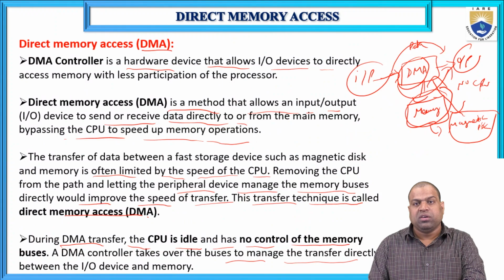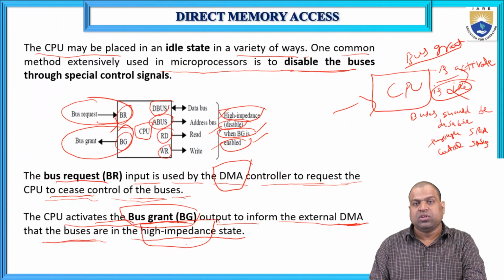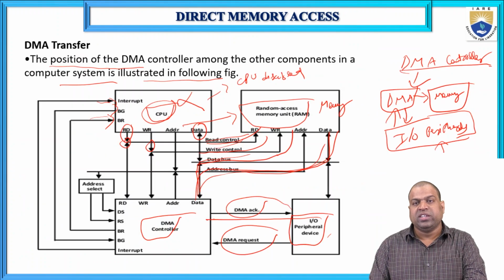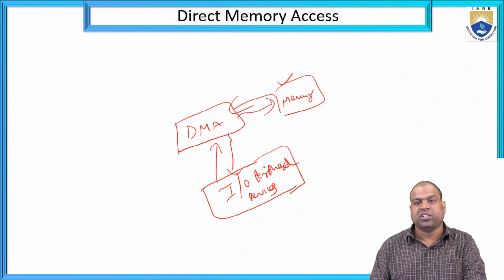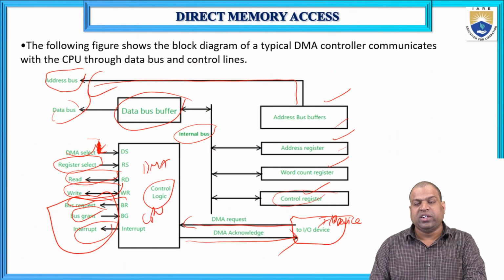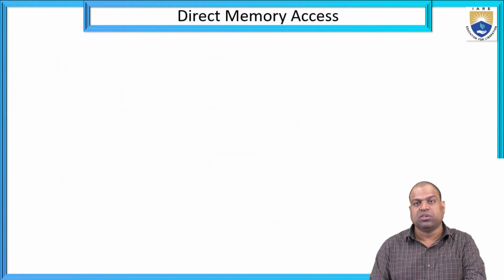So this is a DMA connected to the input outputs without a CPU. It has a bus request and bus grant to the CPU. The CPU, DMA, memory, and input outputs are connected. If the CPU is disabled, then only the DMA, memory access, and input outputs are connected. So it is internally connected, with the CPU enabled or disabled, with DMA.